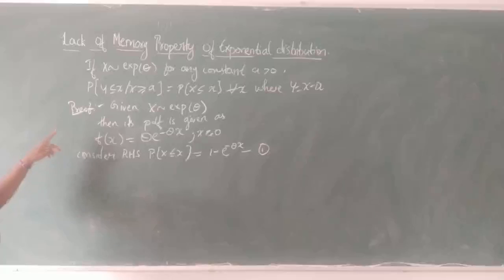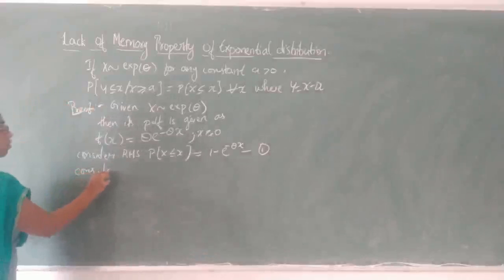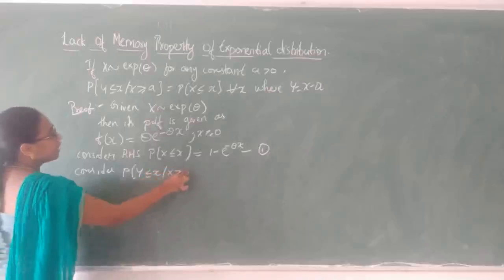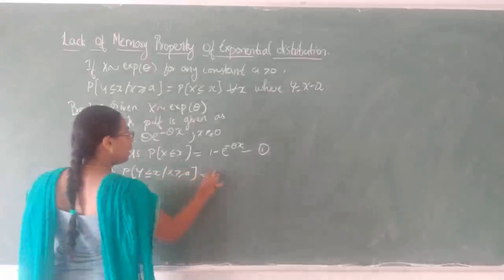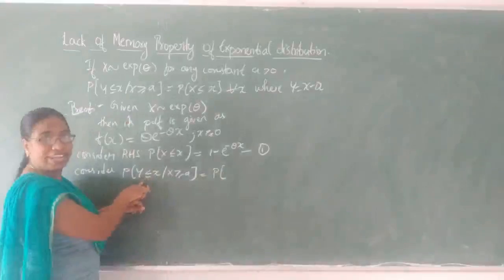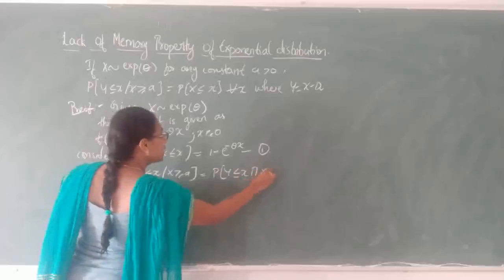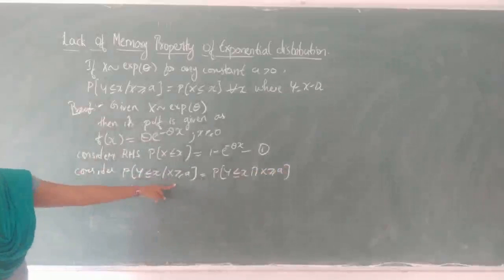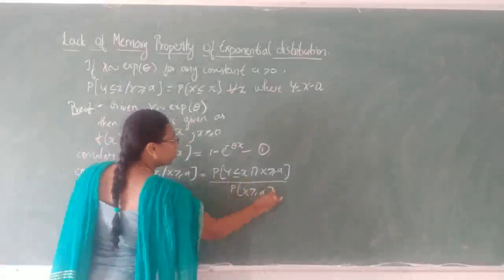Now we have to find the LHS value. Consider the probability of y less than or equal to x given x greater than or equal to a. This is a conditional distribution. Probability of A given B is written as the probability of A intersection B divided by P of B. That is, probability of y less than or equal to x intersection x greater than or equal to a, divided by P of B, which is the probability of x greater than or equal to a.